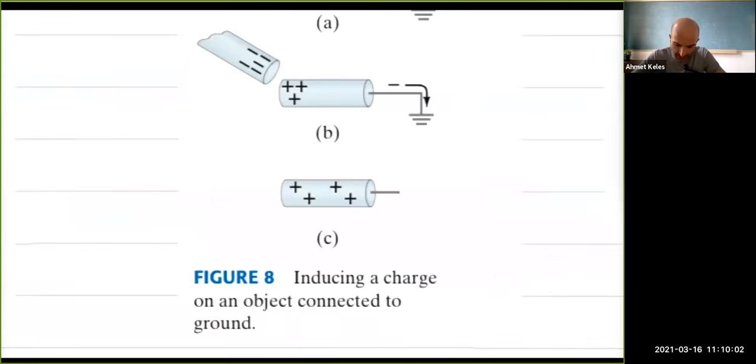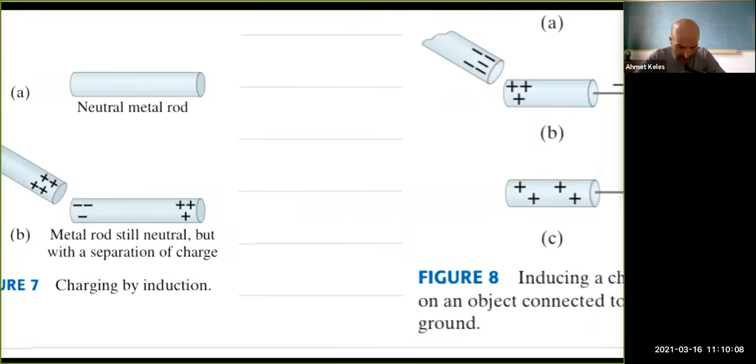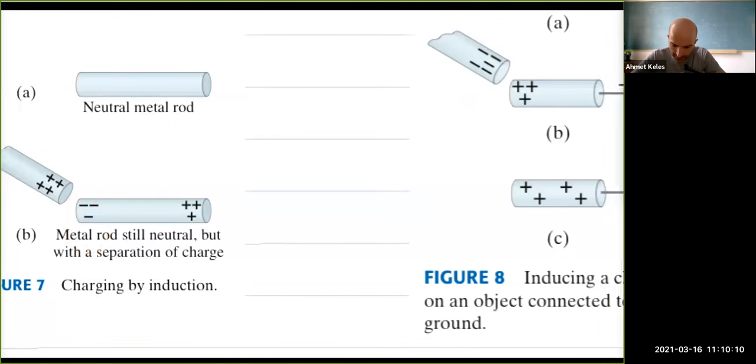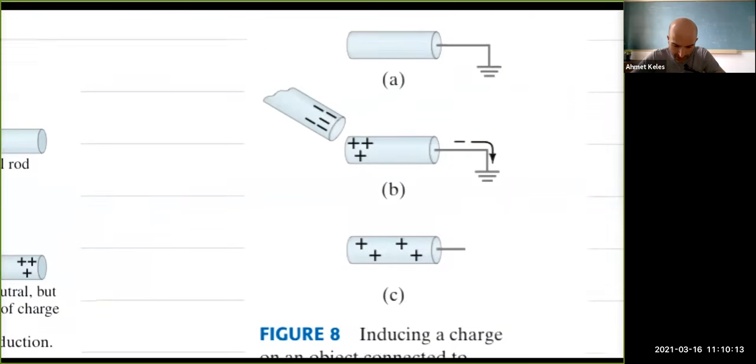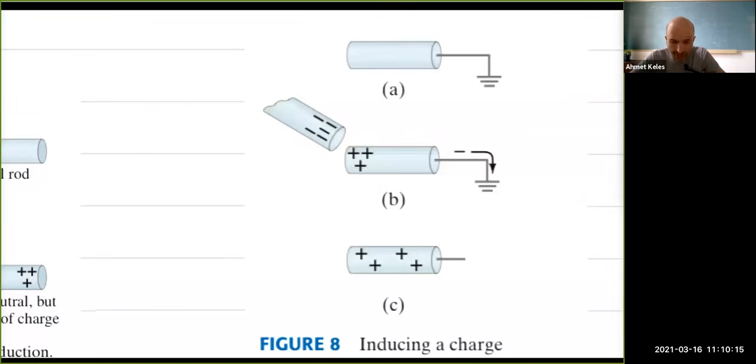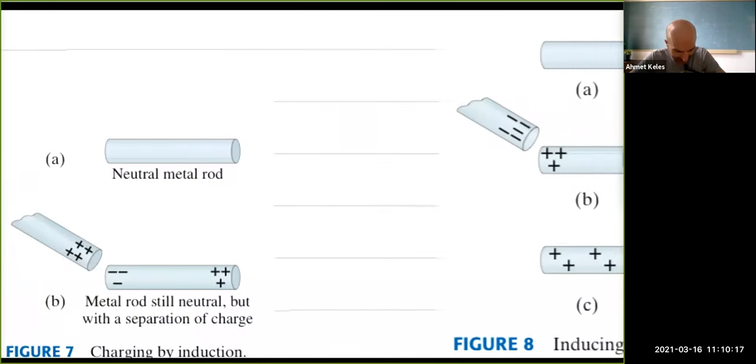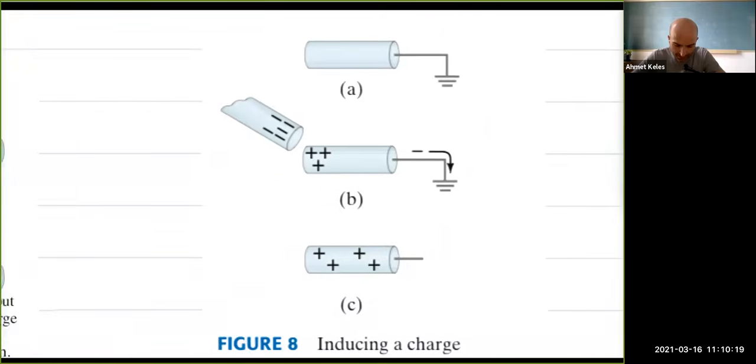And this side is now uncharged, but this other side is negatively charged, right? Of course, unfortunately, this picture is bringing the opposite kind of rod. I think it would be nice if they kept it, but let's stick with the figures in your book.